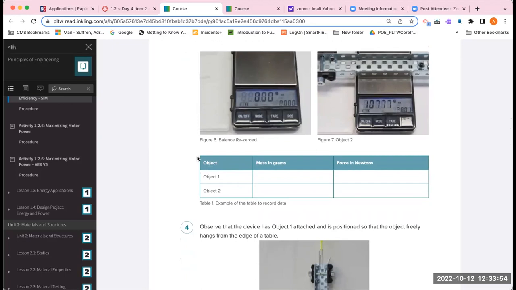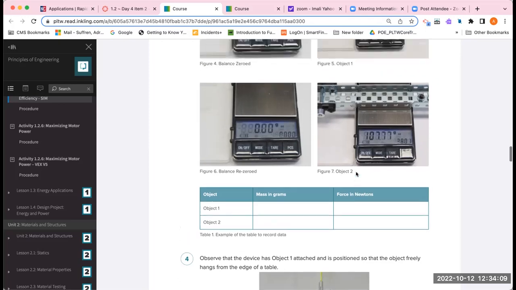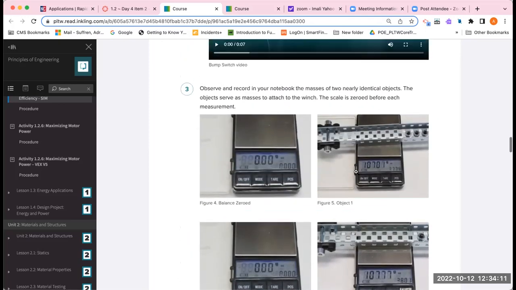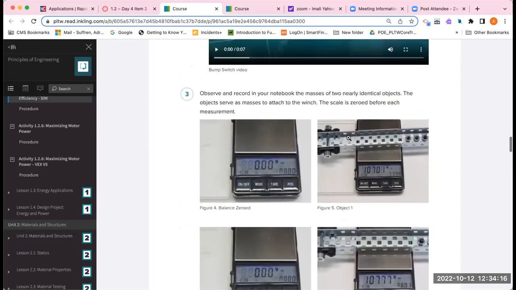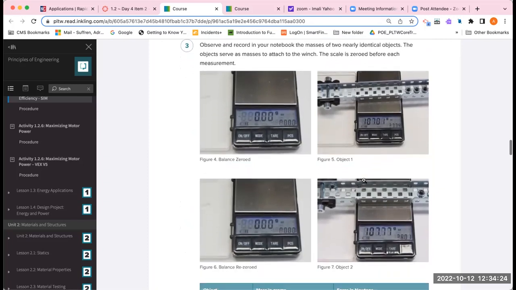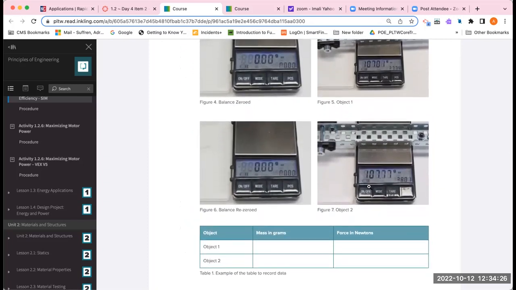It took the weight and it gives you the mass in grams. Then you're going to provide object 1, the force in newtons. Take a look at that again. So here's object 1, 107.01 grams. Object 2 is 107.77 grams.